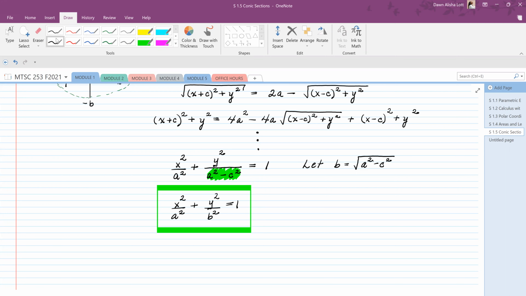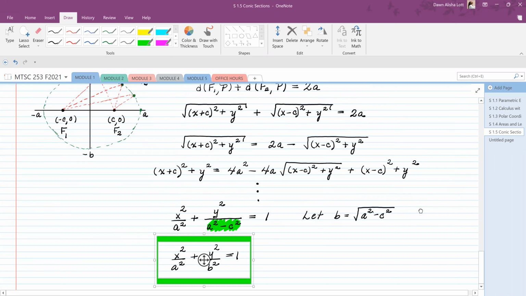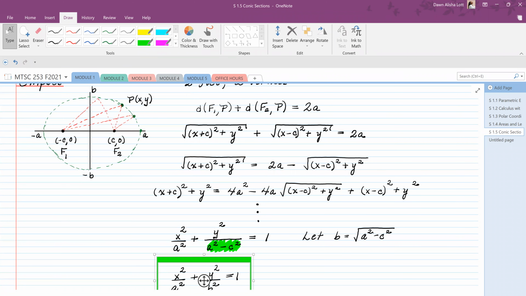Your a is always the bigger value. We have two axes: the one where a is larger is your major axis, and the one where b is smaller is your minor axis.